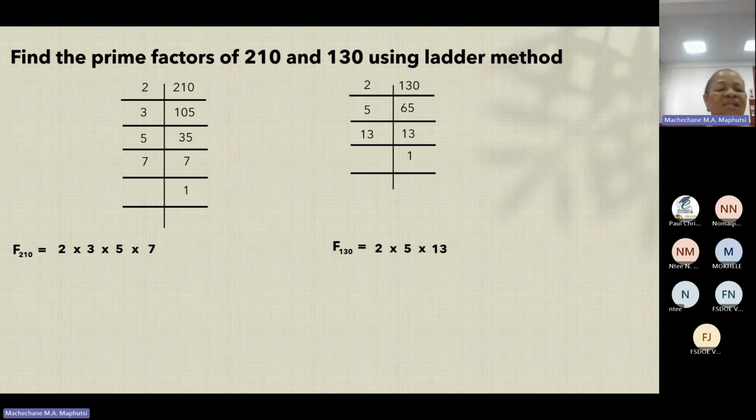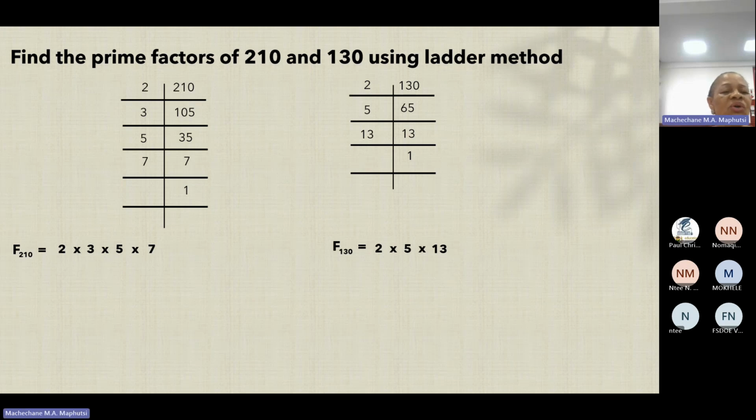Those are the prime factors. So the prime factors of 210 will be 2 times 3 times 5 times 7.